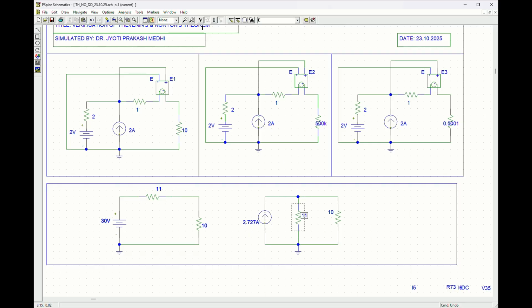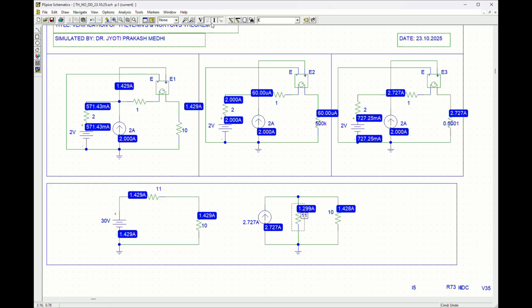Now if we run the simulation and check the current value, the current in the Thevenin circuit is 1.429, which is the same as the original circuit current. Similarly, in the Norton circuit also we are getting almost the same current, 1.428, which is 0.001 lesser, and we can consider that as an error.